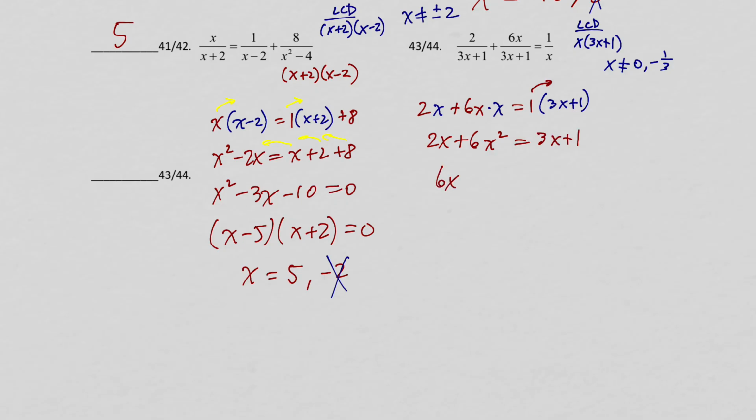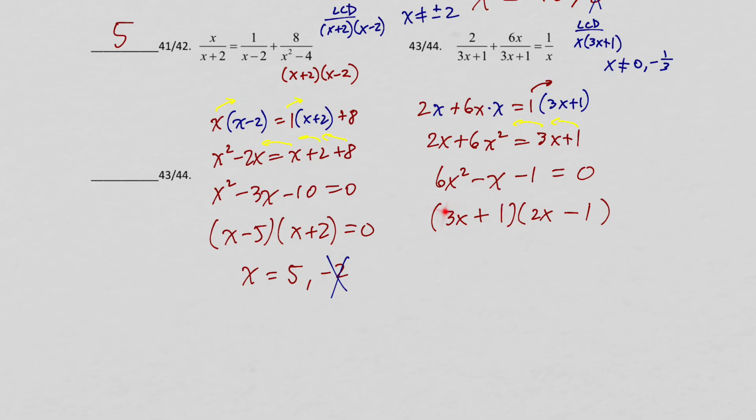So I have 6x squared, and now I'm going to bring this 3x over to the left, so I have 2x minus 3x is negative 1x, and then I'll bring the 1 over to the left, and that'll become a negative 1 over there. Now it's equal to 0. So we have 3x and 2x. Let's see, I'll put a negative 1 and a positive 1 here.